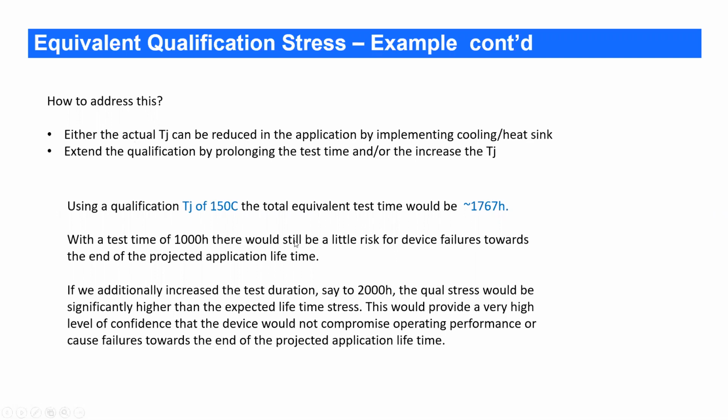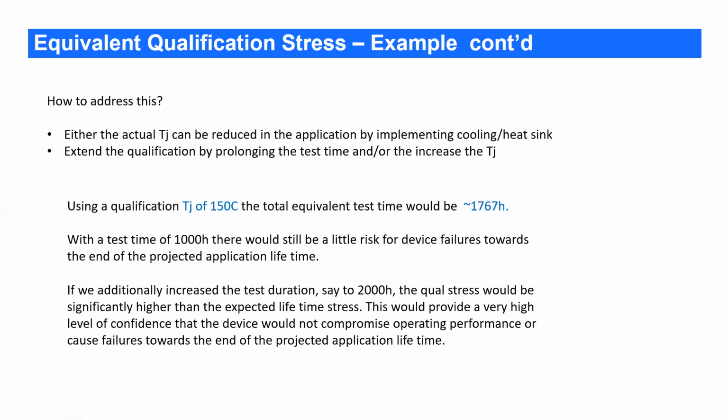So you can take up your junction temperature during HTOL testing maybe to a 150 C. And if you do that and do the math again that we have just done in the previous slide, you would end up in an equivalent stress of only 1,700 hours rather than almost 6,000 hours of stress testing.